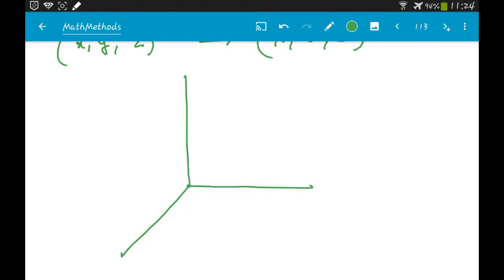Okay, alright, so this is my x, this is my y, and this is my z. Now what I do is let me draw first a cylinder, that will be easier.